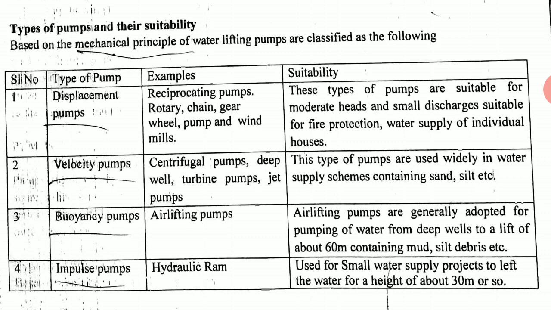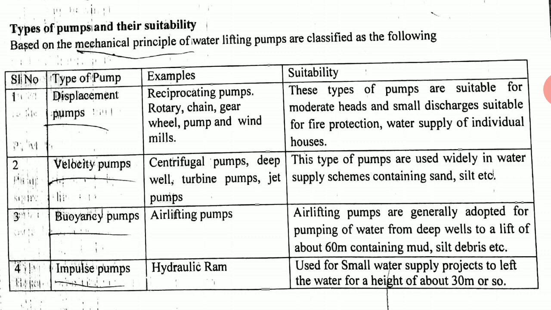And the second is velocity pumps. The examples are centrifugal pumps, deep well pumps, turbine pumps, and jet pumps. Velocity pumps are used to lift water from deep wells, with centrifugal pumps, turbine pumps, and jet pumps.